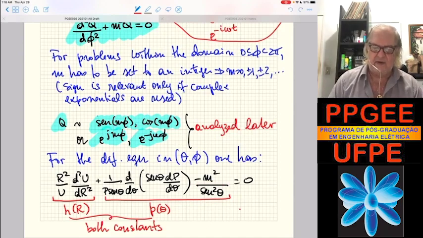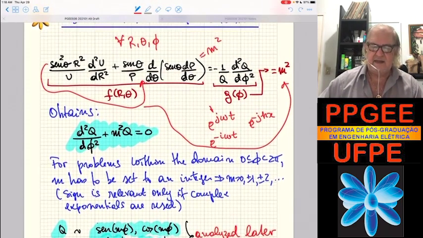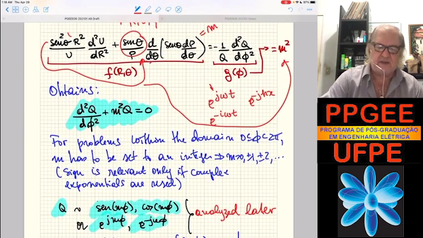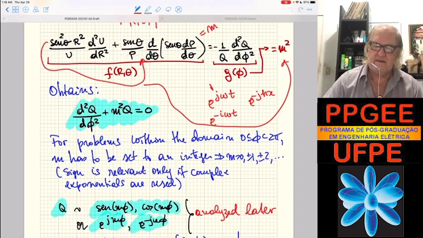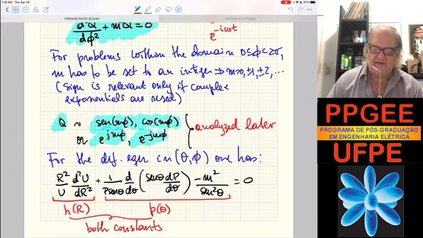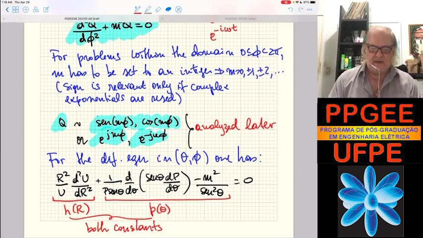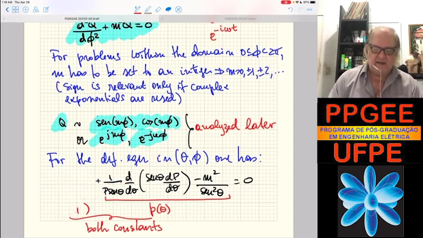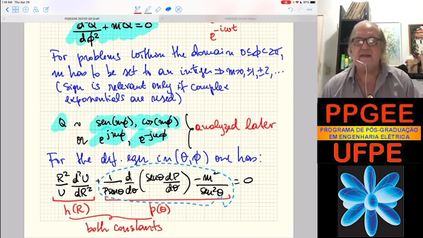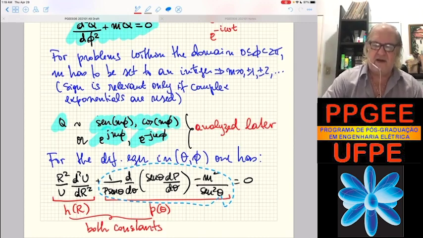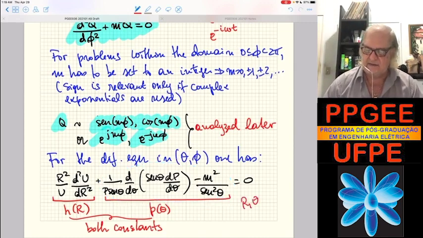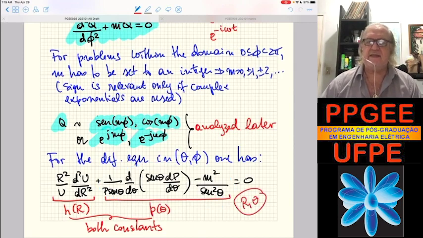And you have a sine theta divided by sine squared, right? That's why we have this thing here. So you see that we have a function of r and one function exclusively of theta. And again, the sum is 0, whatever the values of r and theta. So it means that each is a constant.